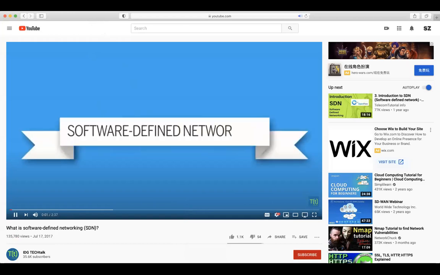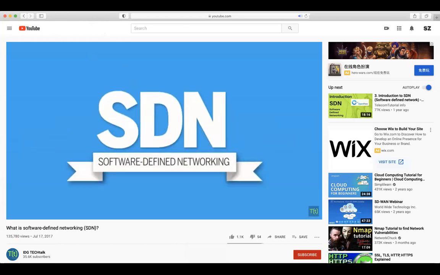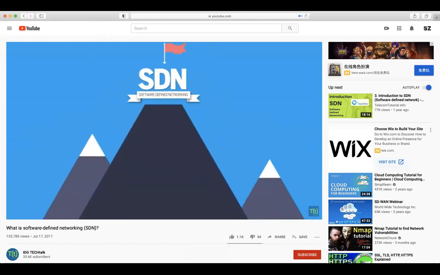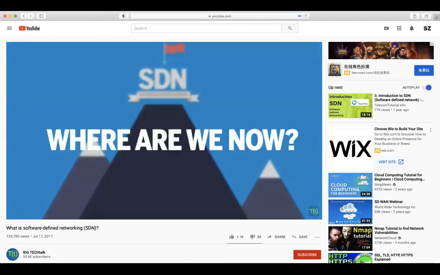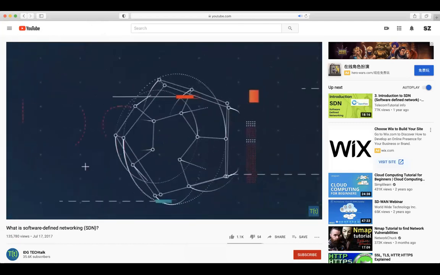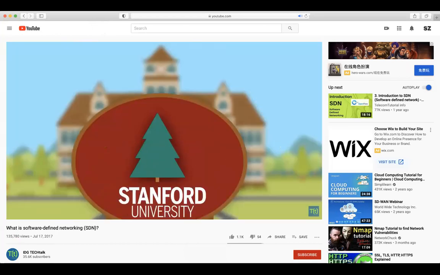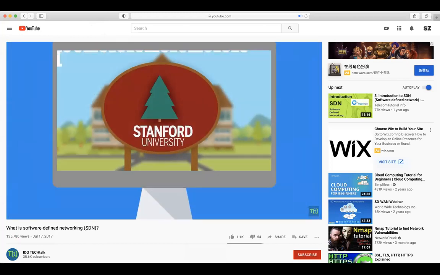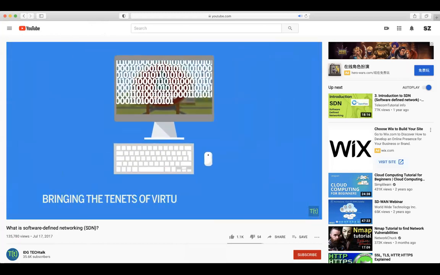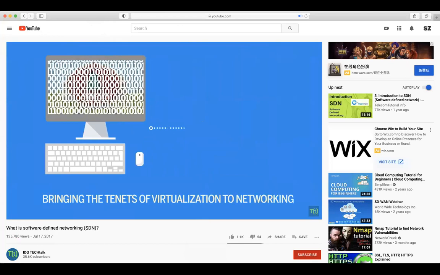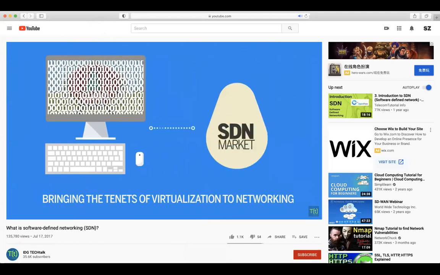In recent years, software-defined networking, or SDN, has emerged as the next big thing in the networking industry. Given all the hype, where are we now? Researchers at Stanford are credited with creating the idea of bringing the tenets of virtualization to networking, and thus creating the software-defined networking market.